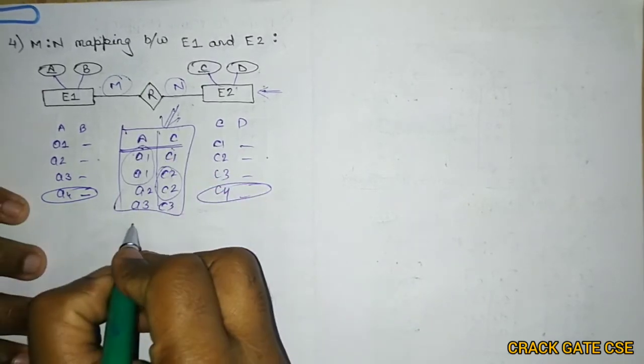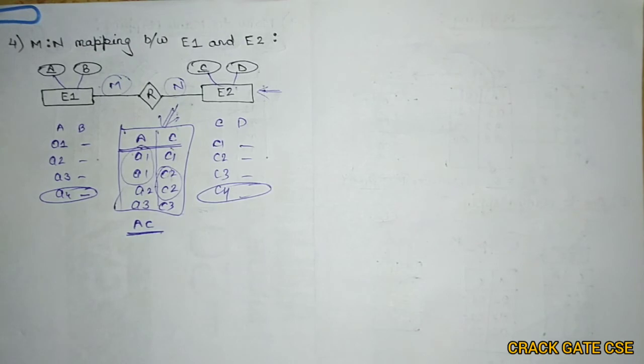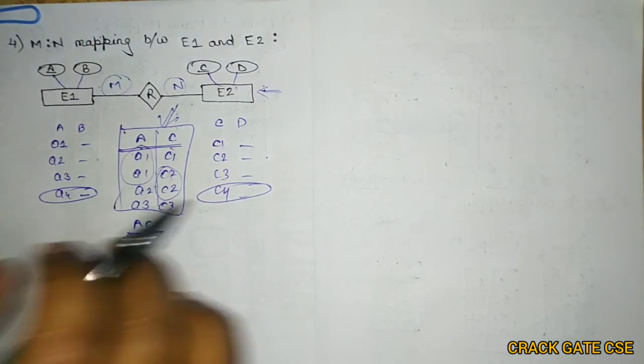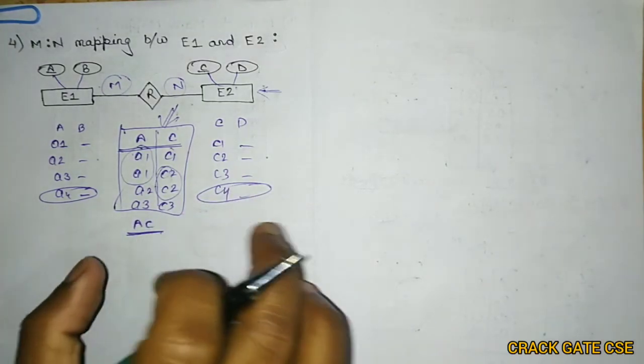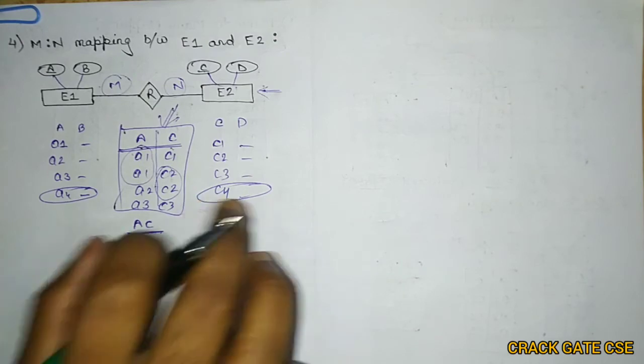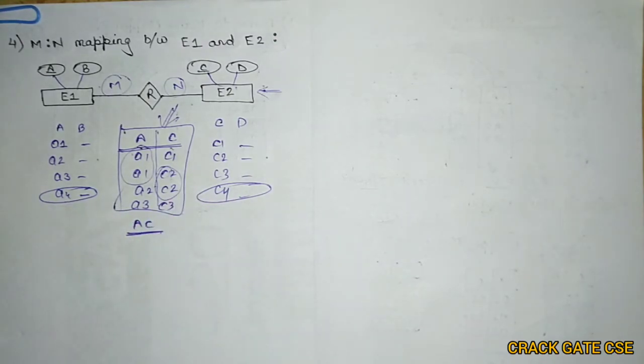So if I have to find out the primary key, A and C have to combinedly work as the primary key over here. But if I am merging it in some other table, then some problem will occur, like insertion anomaly, which will be because of the partial participation. So they need to be separated.